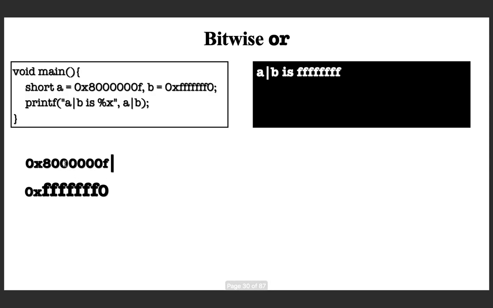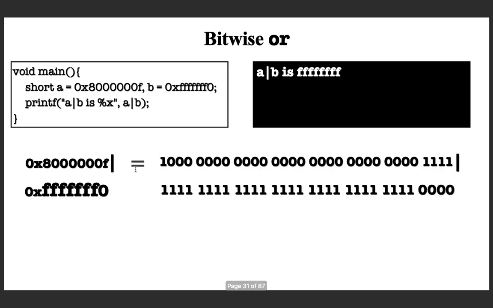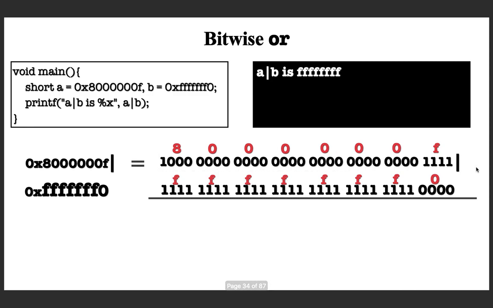How? These are the two values on which we want to perform the bitwise operator OR. So expand it. This is how you expand. This is the equivalent of this hexadecimal value, and this is the equivalent of this hexadecimal value, which, if you want, you can verify offline. And we want to perform OR.